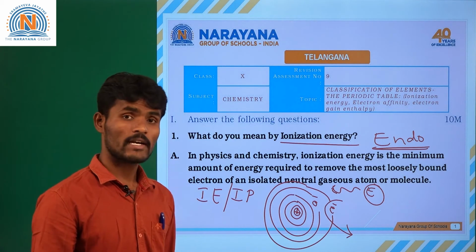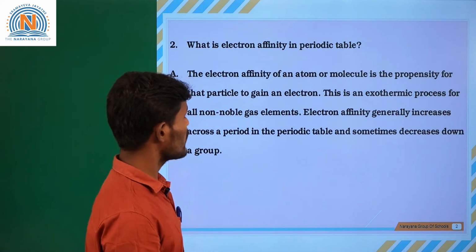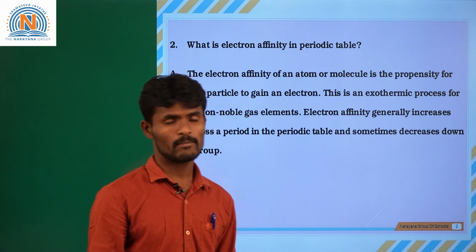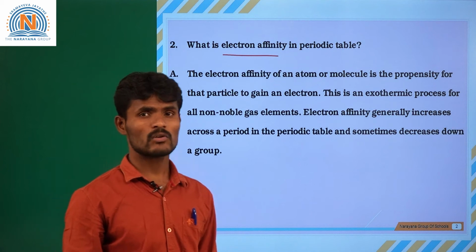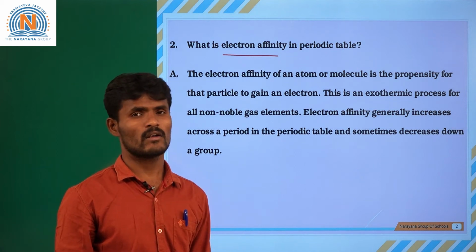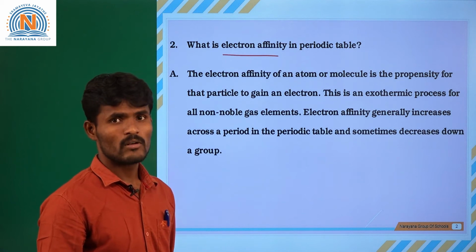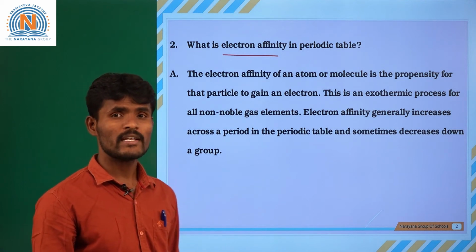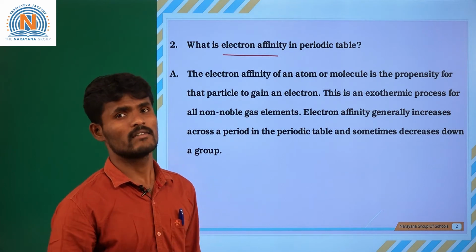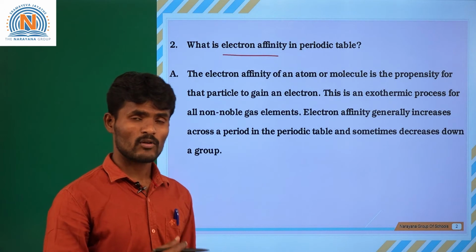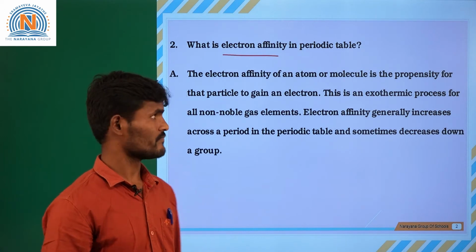Next, second question. What is electron affinity in the periodic table? Electron affinity is also called electron gain enthalpy. Electron affinity increases across the period from left to right, and decreases as we move down the group.